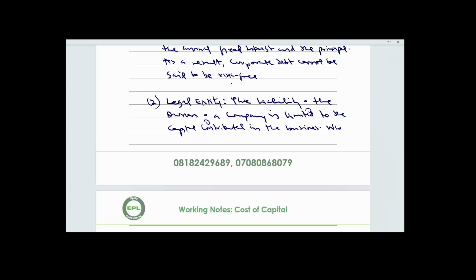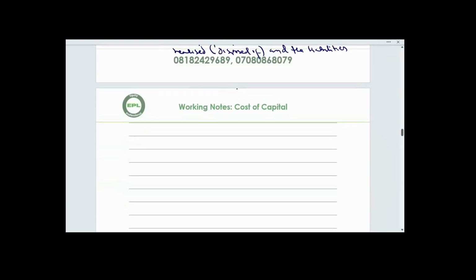So when a company liquidates, its assets will be disposed of or realized, and the liabilities will be settled.